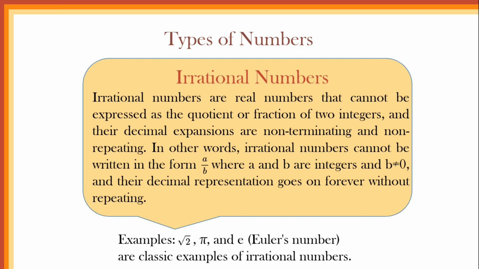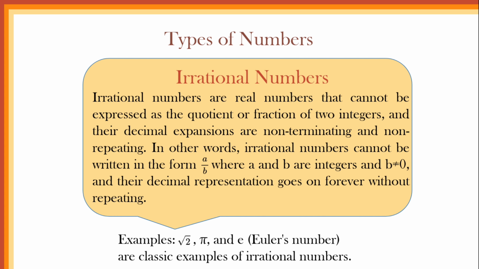Common examples of irrational numbers include the square root of non-perfect squares, for example root 2, root 3 and so on. Together, rational numbers and irrational numbers make up the entire set of real numbers. The decimal expansion of an irrational number is infinite and lacks a predictable pattern.